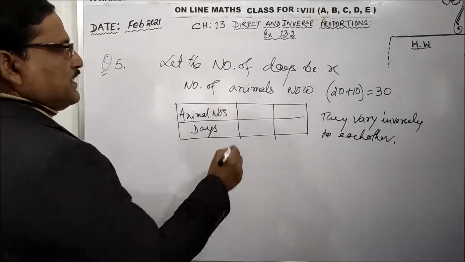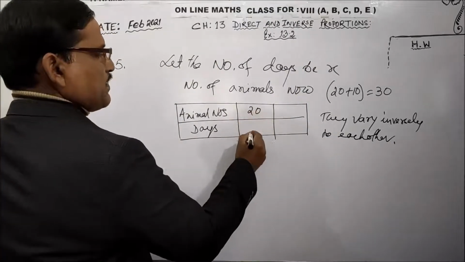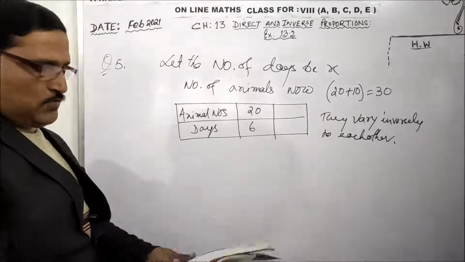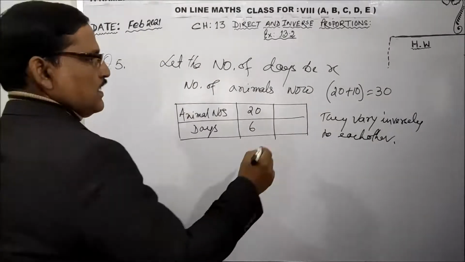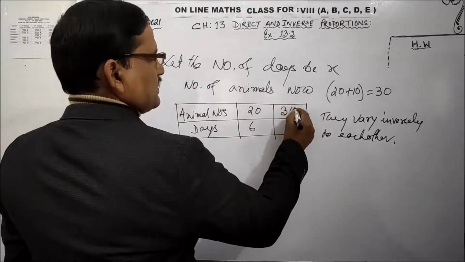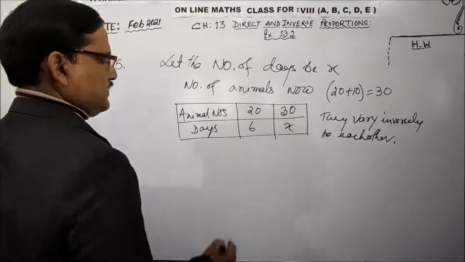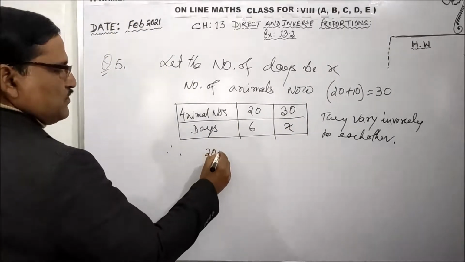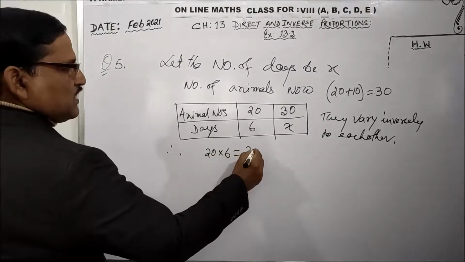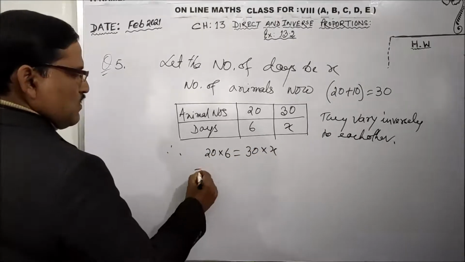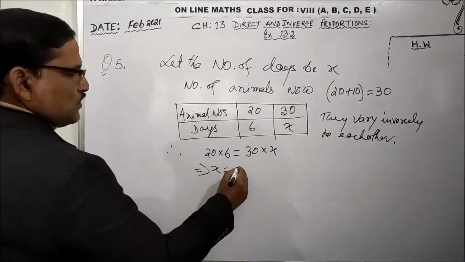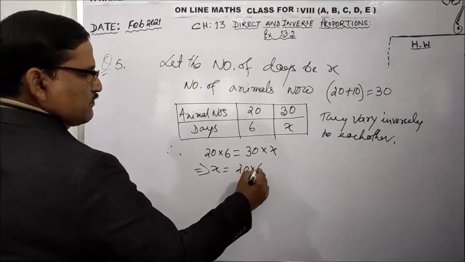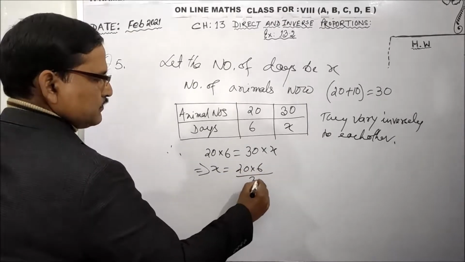In the first case, the animal number was 20 and the number of days was 6. 20 animals for 6 days. Next, the animal number increases to 30 and the days will be X. So we follow the inverse variation: 20 into 6 equals 30 into X, or X equals 20 into 6 by 30.